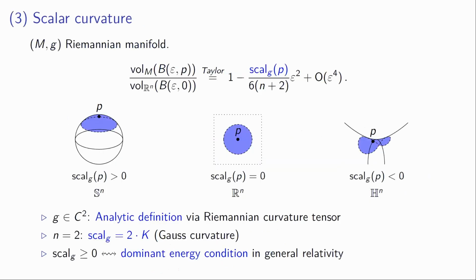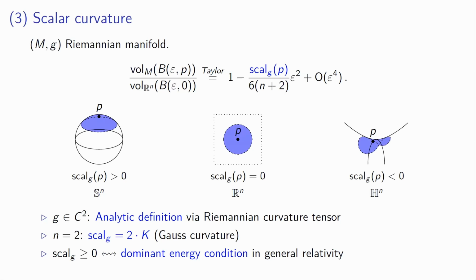Now let's pass to scalar curvature. Let's take a Riemannian manifold, and the quickest way to define the scalar curvature of this Riemannian manifold at a point P is the following. You measure the volume of an epsilon ball in your Riemannian manifold around P of radius epsilon, and divide it by the volume of an epsilon ball around 0, say in flat Euclidean space R^n.